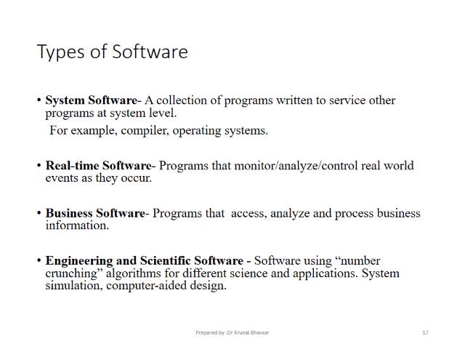Next is engineering and scientific software: software using number-crunching algorithms for different sciences and applications, system simulations, and computer-aided design. It is useful for engineering. So this is engineering-side software.